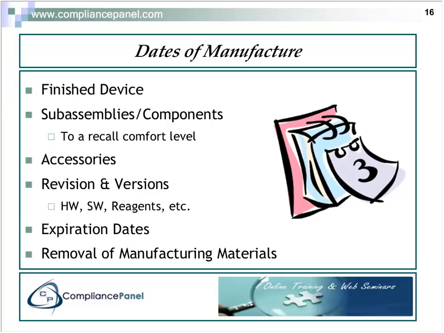So that all has to be hashed out when you're building your device master record, so that you capture those components that you want to be comfortable with if and when a recall is necessary. I mean, hopefully a recall is not something that's done even on an annual basis, I would hope.